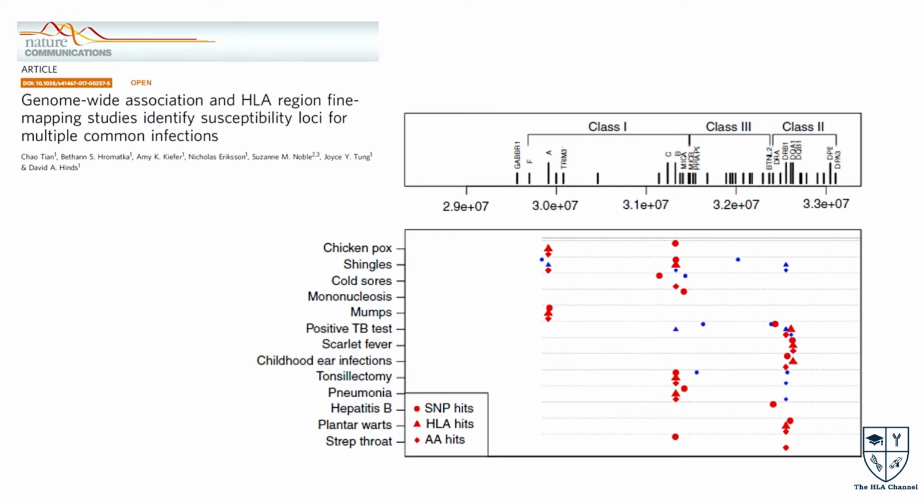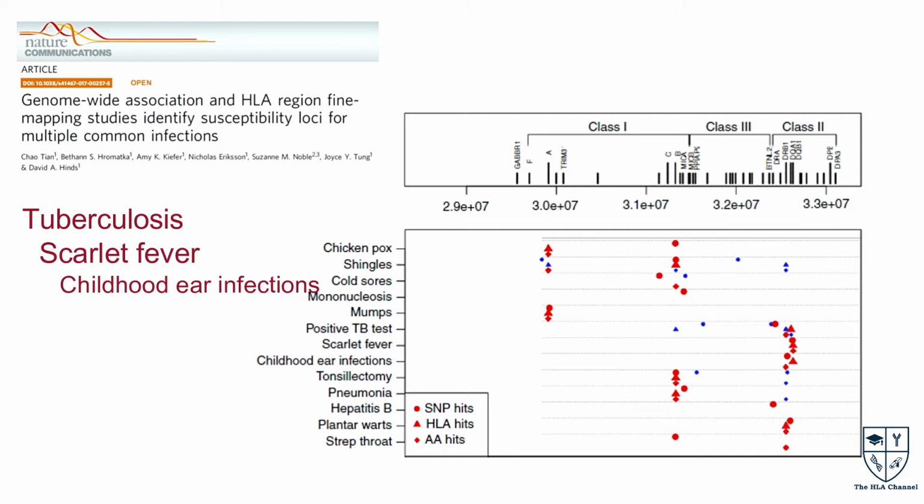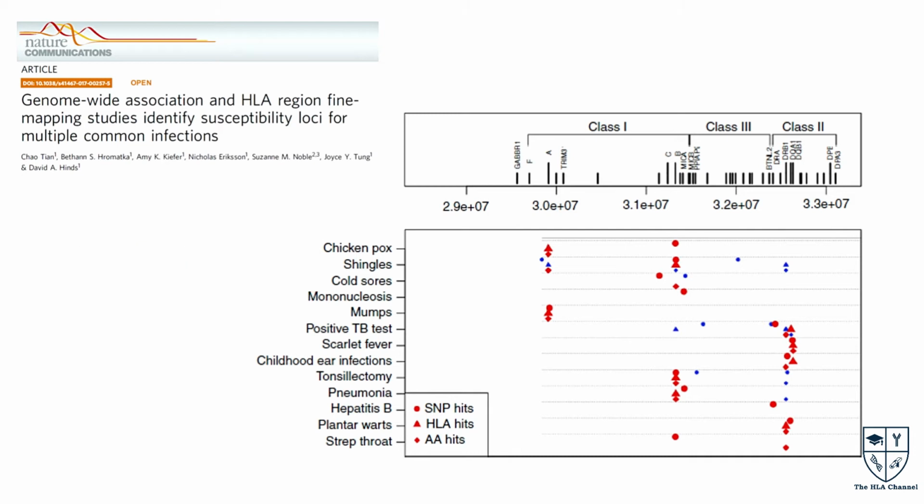They are associated with class 1 because they are viruses, right? On the other hand, we have diseases associated with HLA class 2. For example, bacterial diseases, especially tuberculosis, scarlet fever, and childhood ear infection. All of them are related to class 2 HLA molecules.